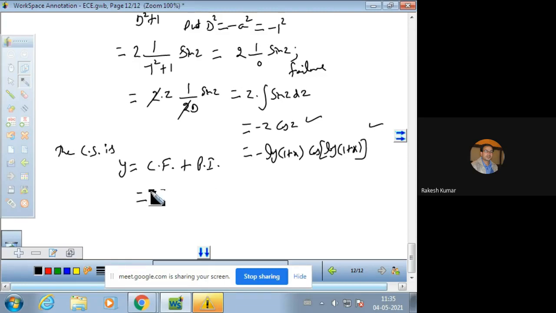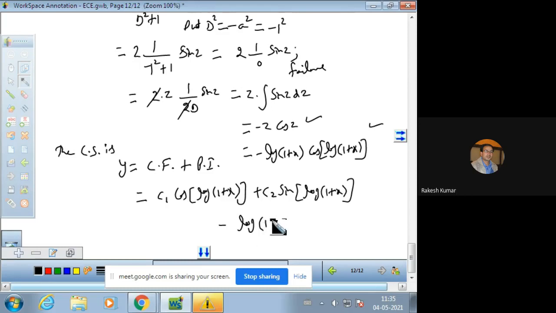Your complementary function was c1 cos of log of 1 plus x plus c2 sine of log of 1 plus x, and this particular integral is minus log of 1 plus x cos of log of 1 plus x. So this is your complete solution of the given Legendre's linear differential equation.